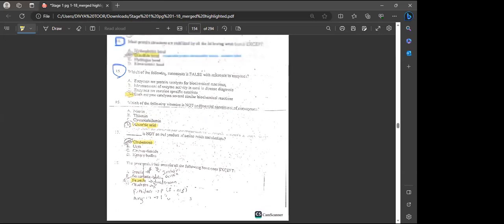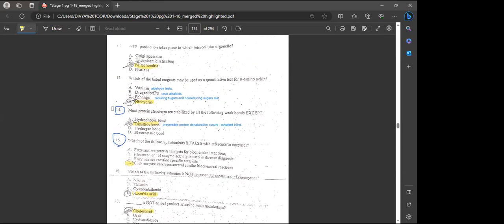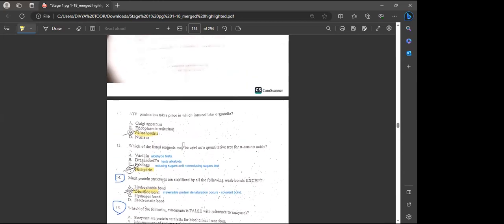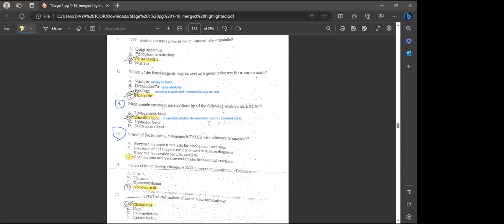Okay, guys, since you're already here, we have highlighted 14 and 15. Thoughts on it?